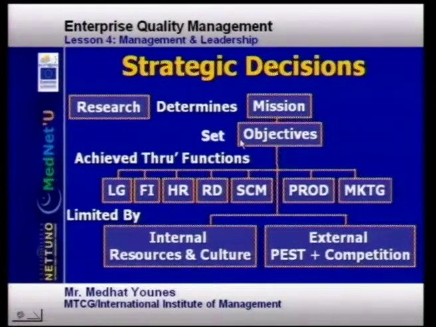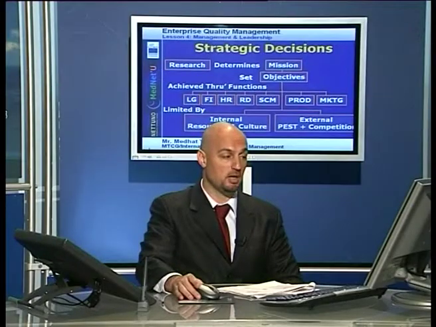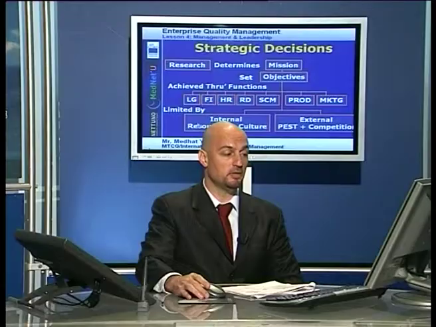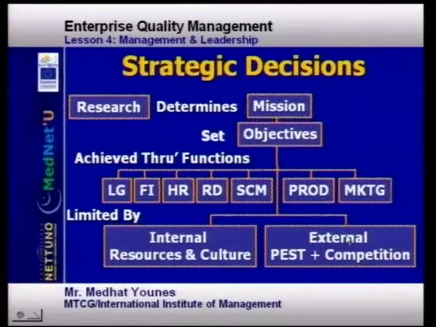And objectives are achieved through the 7 key business functions, including legal, finance, human resources, research and development, supply chain management, production, and marketing. Now, of course, these resources are limited. How well you execute your strategy is limited by the internal resources and culture, as well as external factors like PEST and competition.